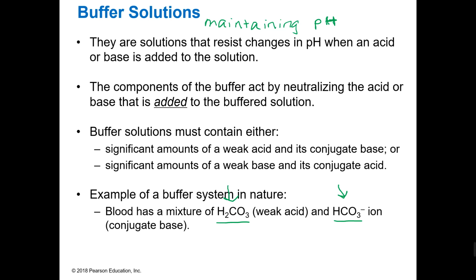When we calibrate the equipment, we're usually picking a buffer mixture of about 4 and also 10. So that's able to give the probes a good reading of what we're looking for. So our buffer system, whether it's acidic or basic, is there in order to maintain a certain pH of a solution.